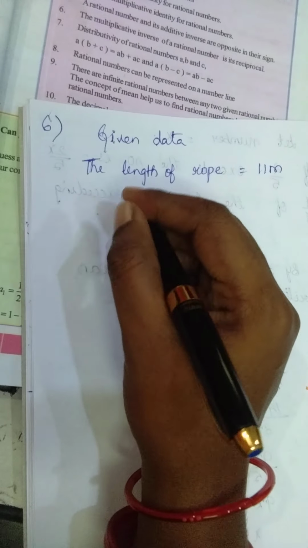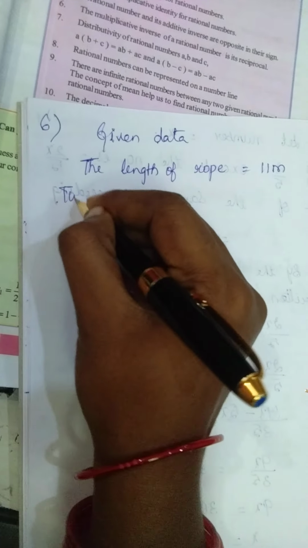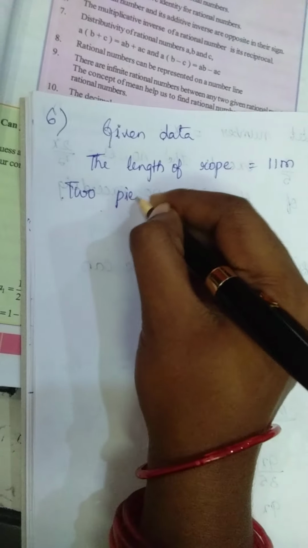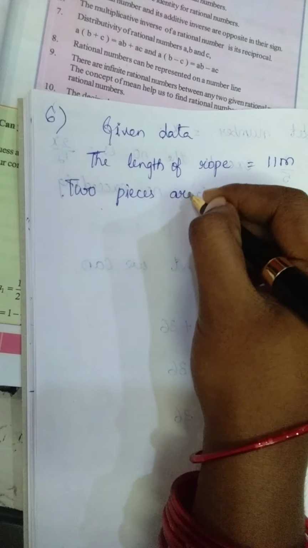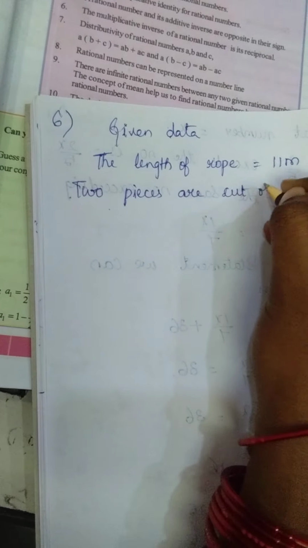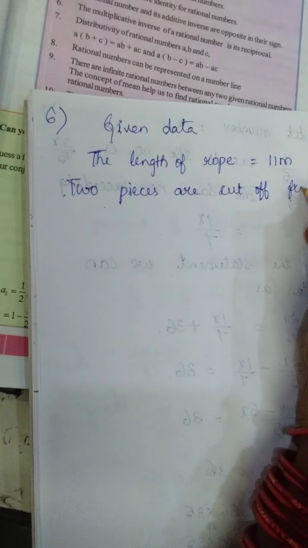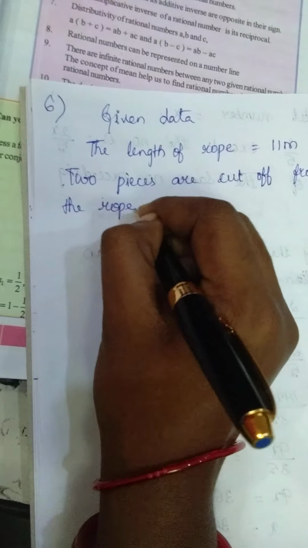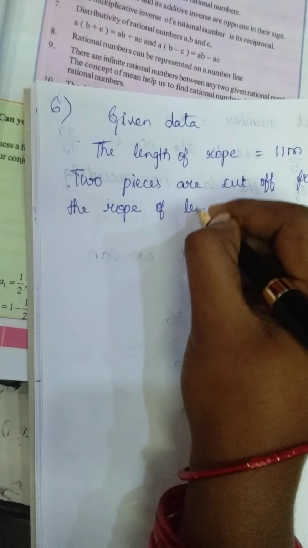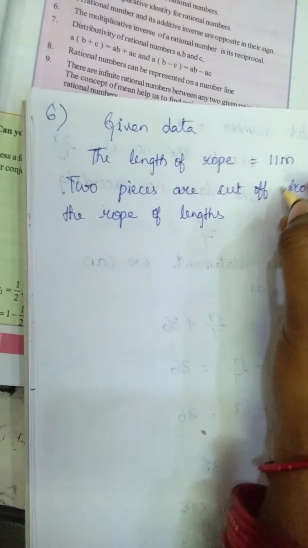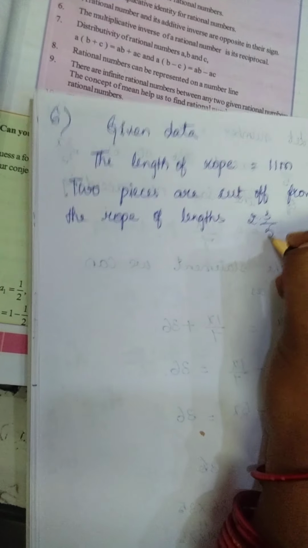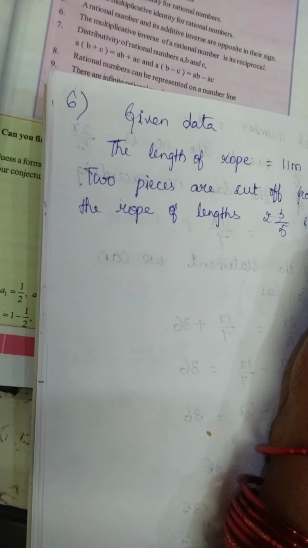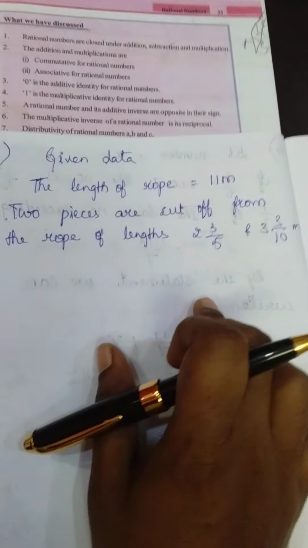Next, 2 pieces are cut off from the rope of lengths 2 3/5 and 3 3/10 meters. Clear?